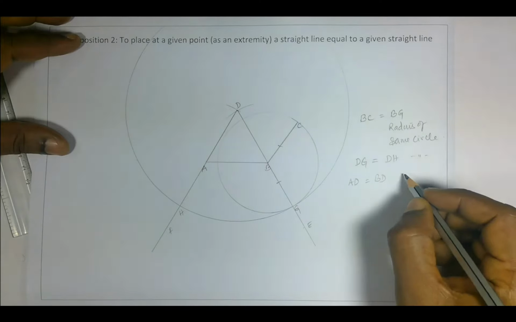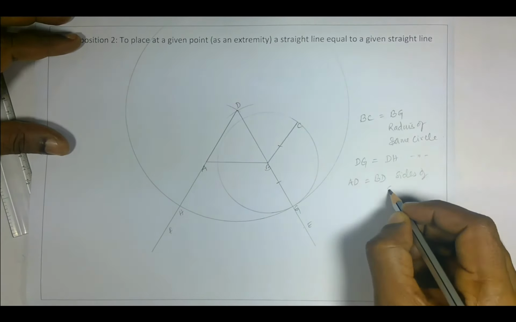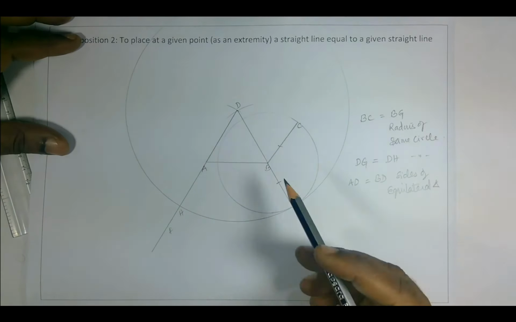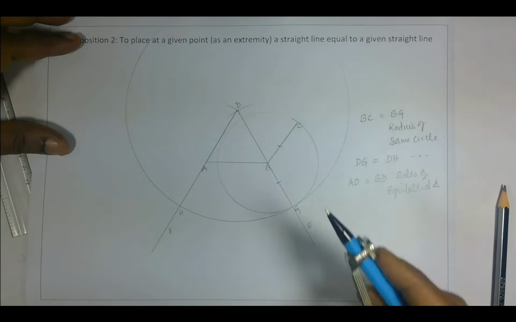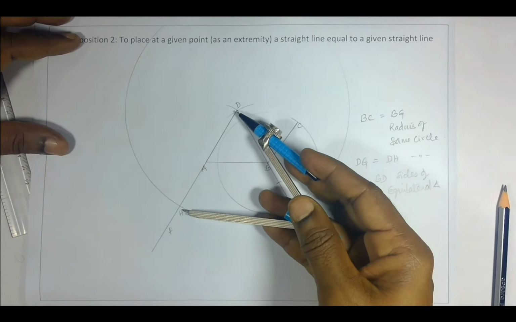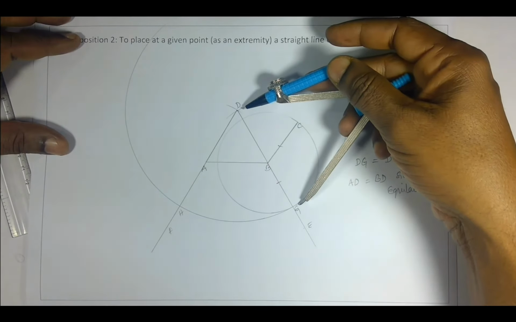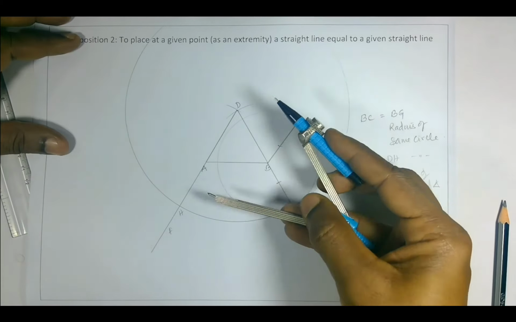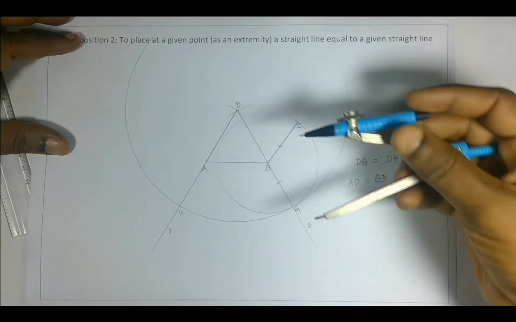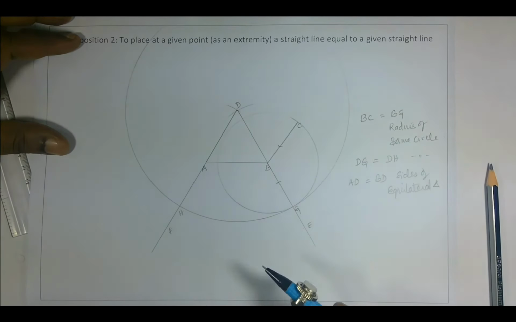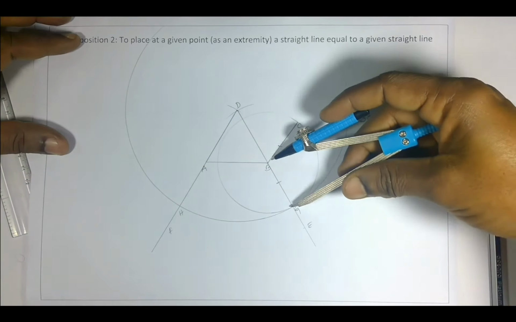Why? Because they are sides of an equilateral triangle. Now just look at this. This BH is equal to BG, right? But we already know that AD is equal to BD, right? So don't you think that means that the remaining part will also be equal?